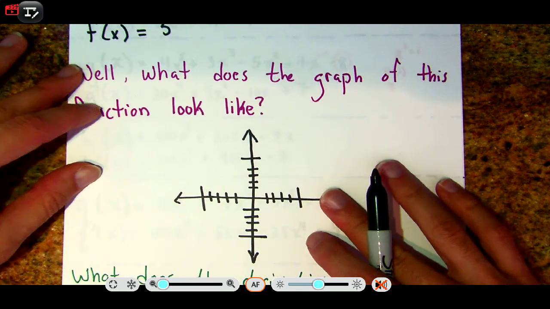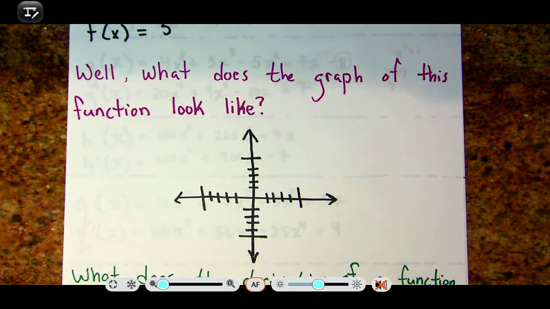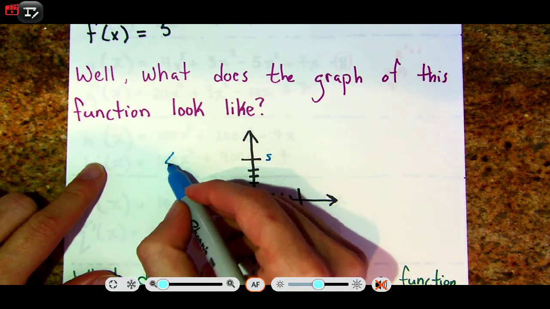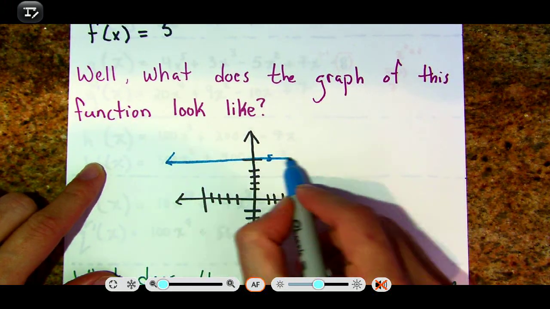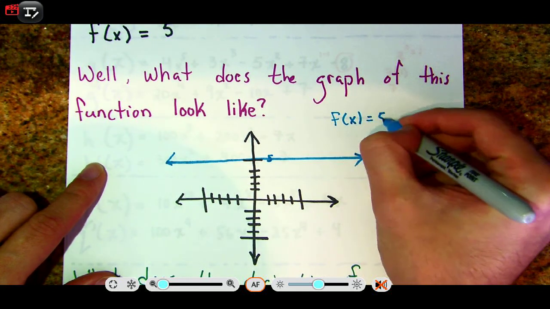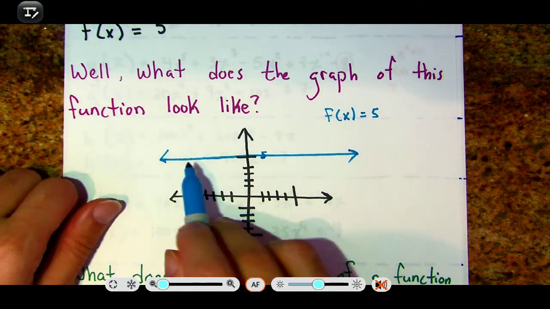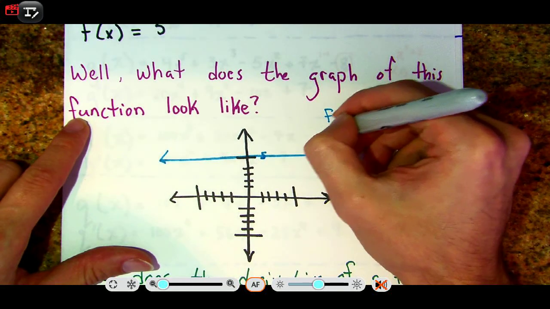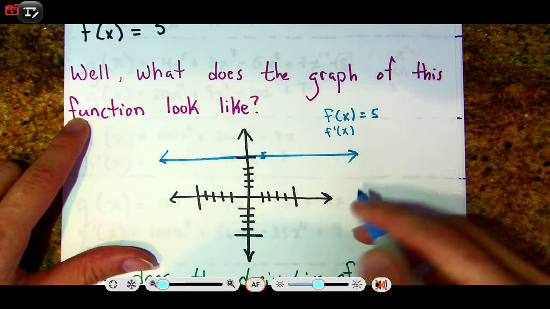It should just look like a horizontal line at 5. So the graph of this function f of x equals 5 is just a horizontal line like this, okay? So if I said, what's the derivative of this function?